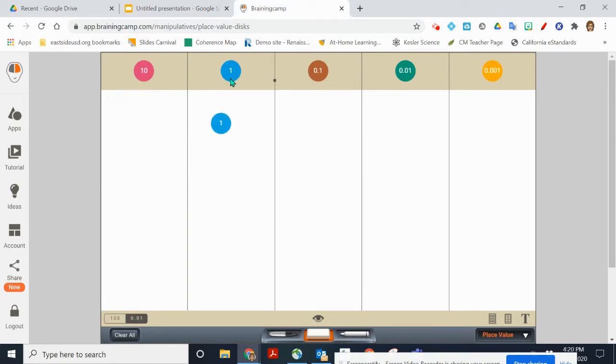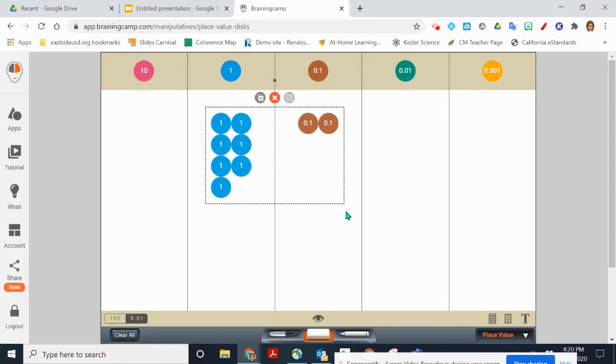Each marshmallow weighs 7 2/10. And we want to know how much 10 marshmallows would weigh. So let's model. Let's grab 7 2/10.